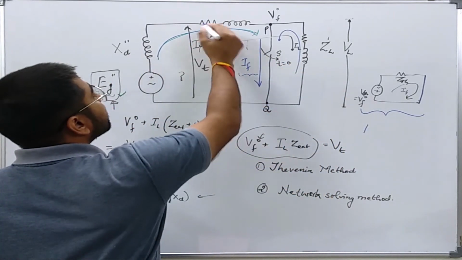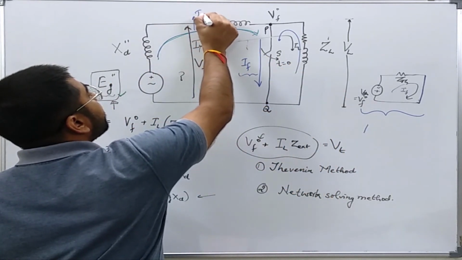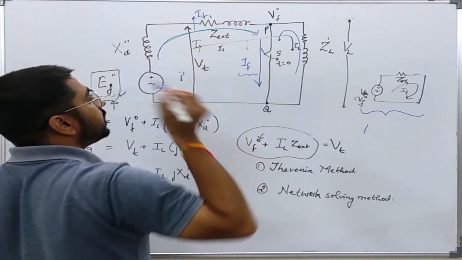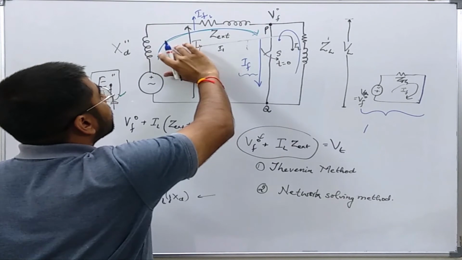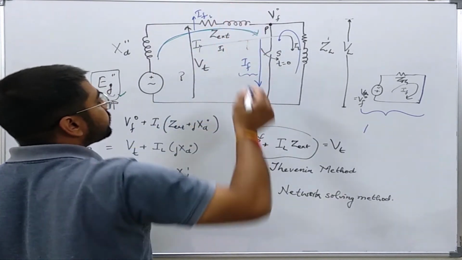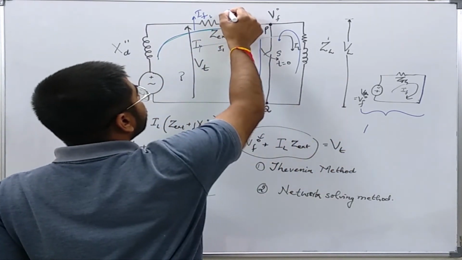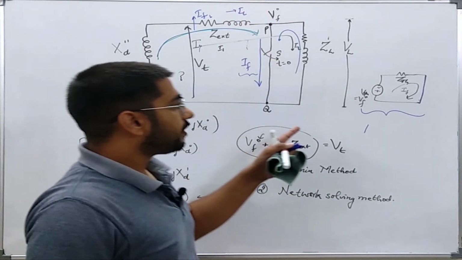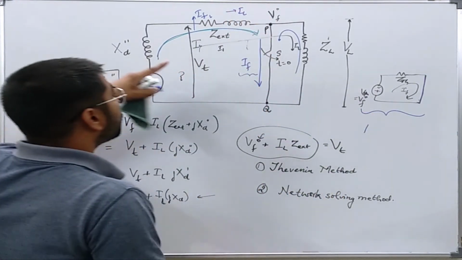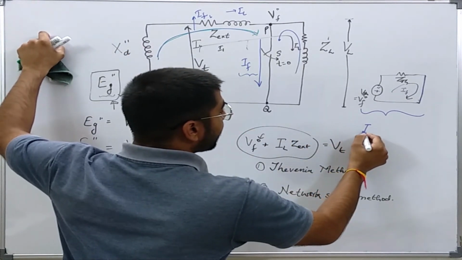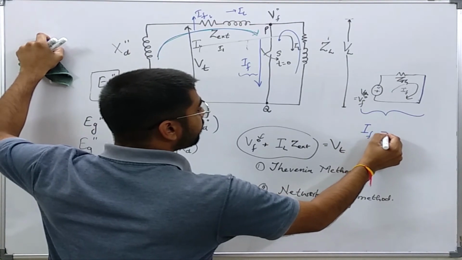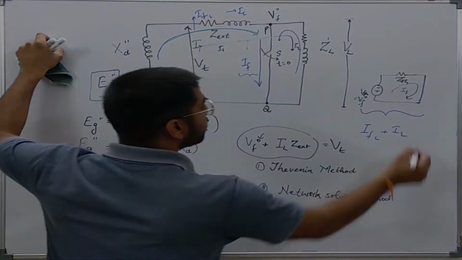let us say some fault current part, IF left side, is flowing after the fault, and initially some current was flowing, let us say IL through this side. So what I will have to do is write the final current through the branch as IF left side plus IL.